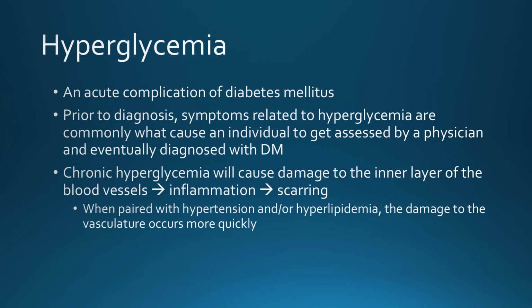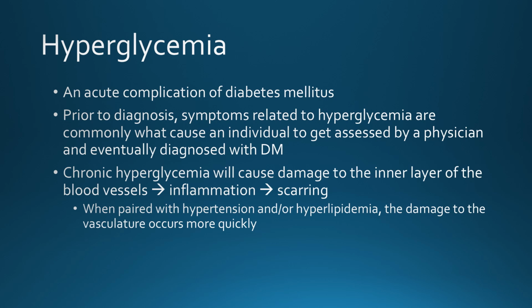As this damage occurs from the high levels of glucose, this is going to lead to inflammation. And as we talked about during the inflammatory process unit, if we have this inflammation that's occurring over and over and over again, eventually this is going to cause scarring to occur inside those blood vessels. It causes the blood vessels to become permanently damaged and narrowed as a buildup of this scar tissue.